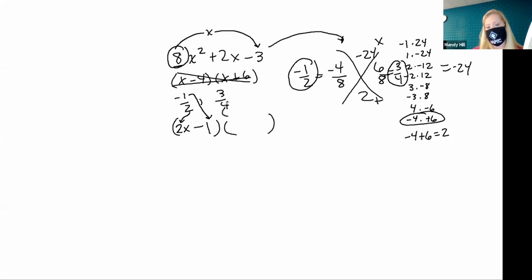On the 3/4 part, the denominator is going to go in the front with the x, and the 3 goes in the back, and it's a positive 3, so it's plus 3. If we were going to multiply this back out, we would get what we started with. Okay?